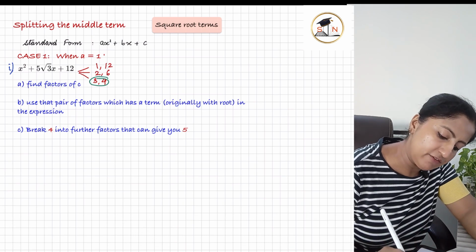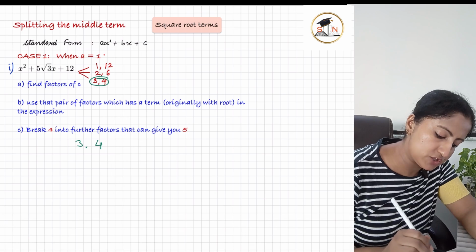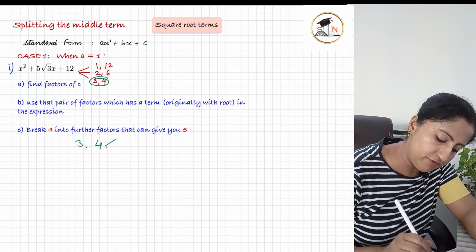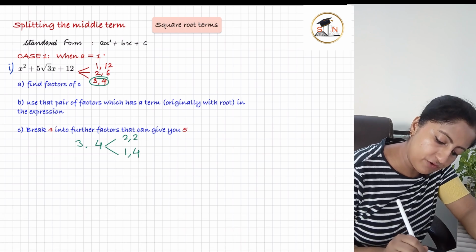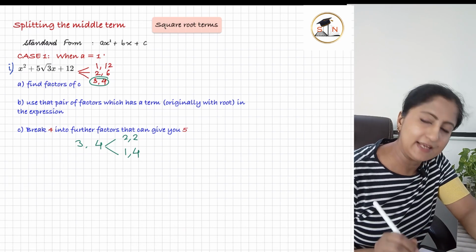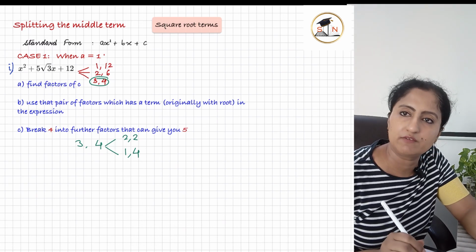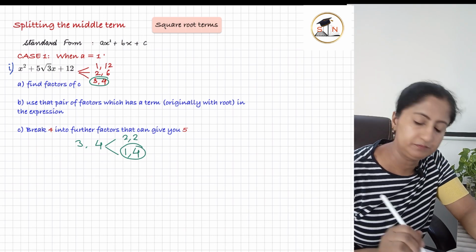The factors of 4 are 2 and 2, 1 and 4. But we are being asked to break 4 such that it can give us 5. 2 and 2 cannot give us 5.